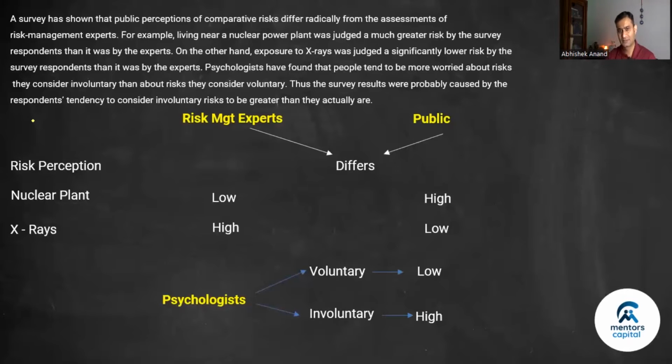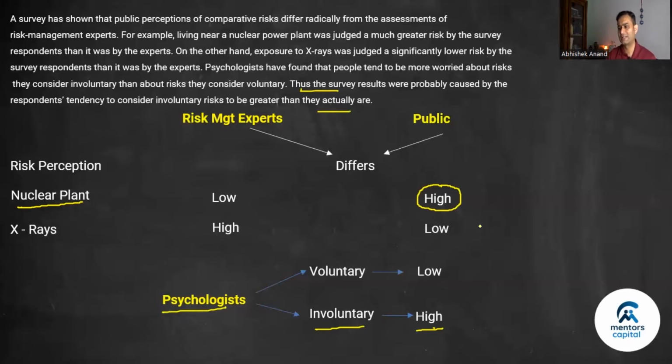But if the situation is involuntary, which is I did not volunteer for it, the risk perceived by the public is higher. So now, the situation which we know is, so far as staying near a nuclear plant is concerned, people consider it high. The risk perception is high. Psychologists think that if something is involuntary, the risk tends to be high.